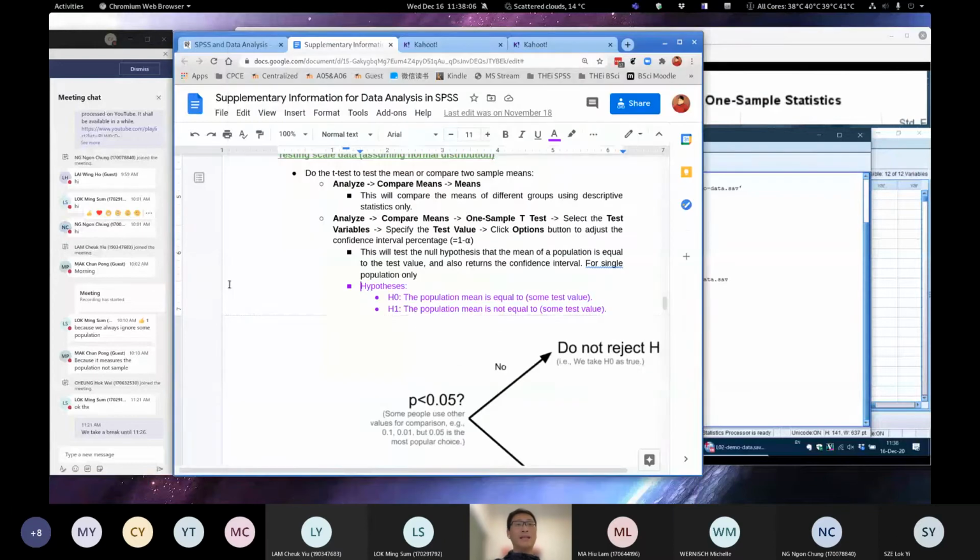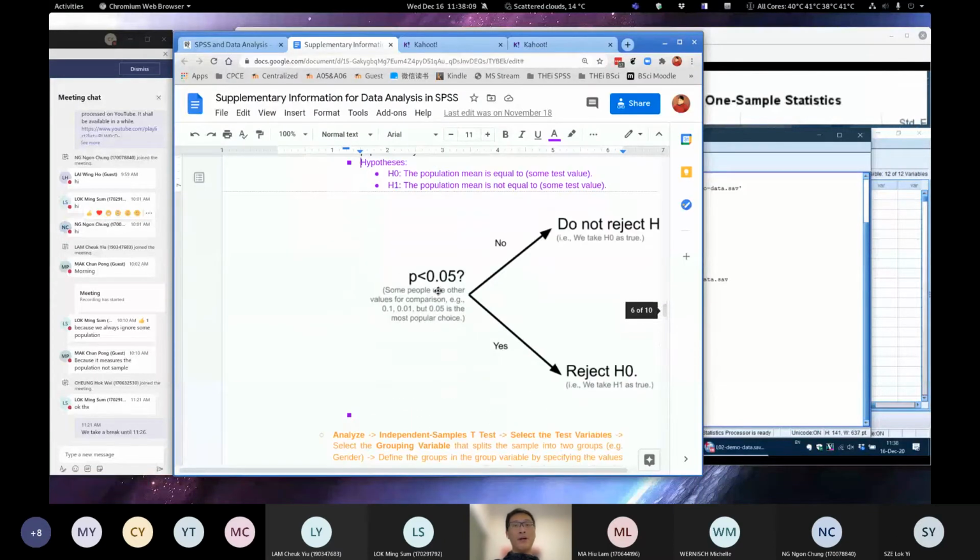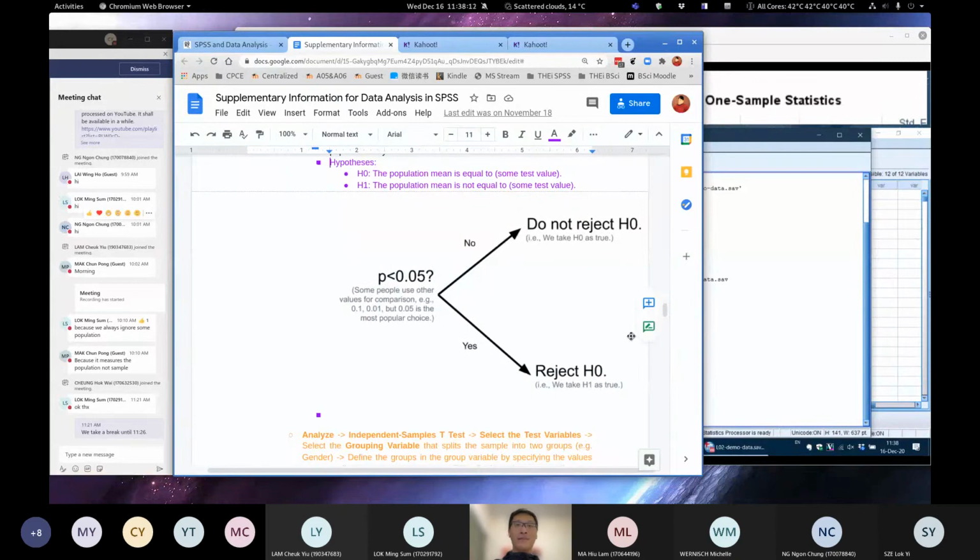Now, the whole process might be a little bit complicated for many of you. So I have put down the tree diagram in this document to help you a little bit. Basically, you look at the p-value and you compare the p-value with a reference value. In this case, it is 0.05, although some people might be using other numbers. Then you ask yourself, is the p-value smaller than 0.05? If it is smaller than that, then we reject the null hypothesis. Or in other words, we take H1 or HA as true, as the answer.